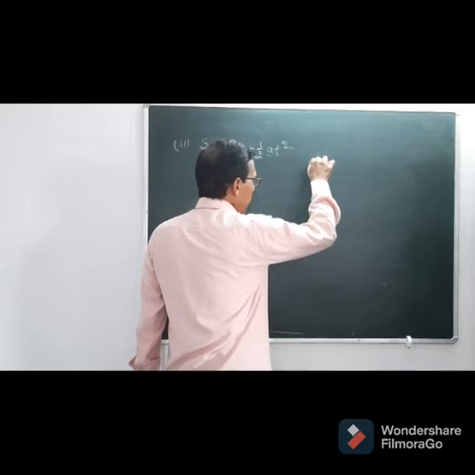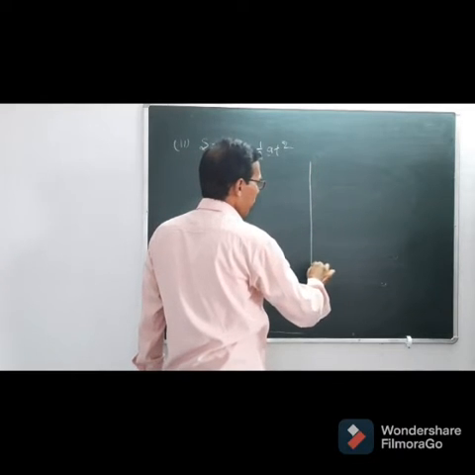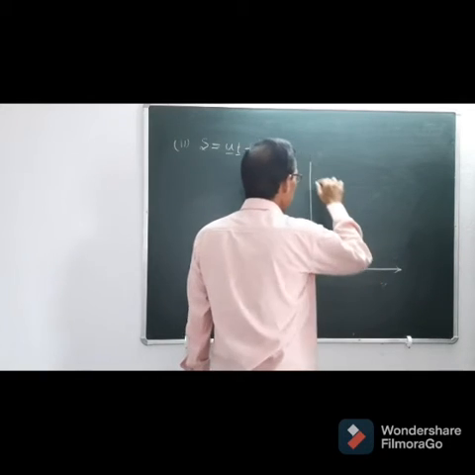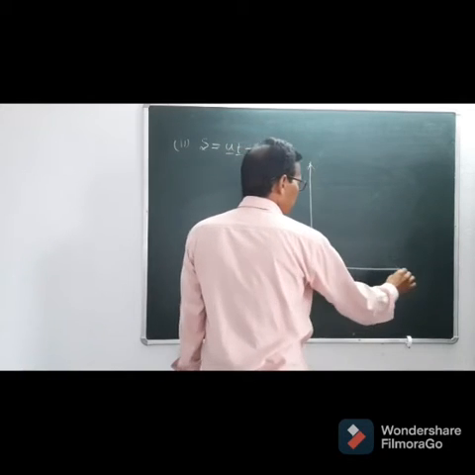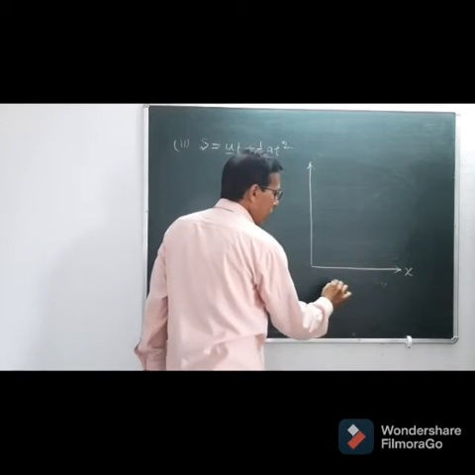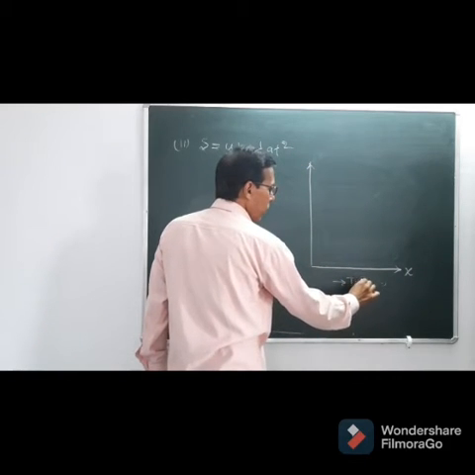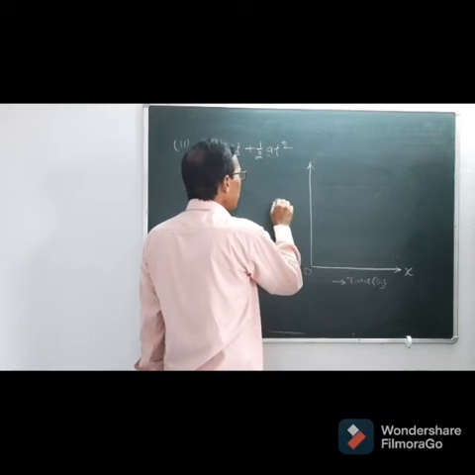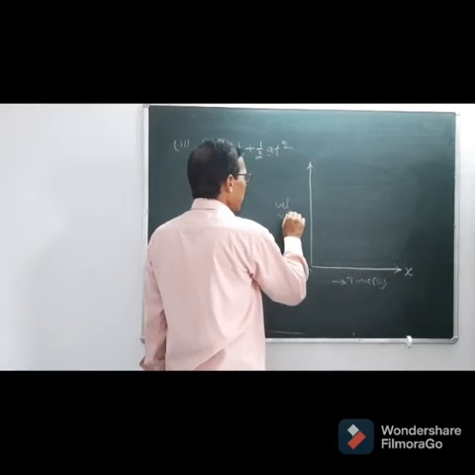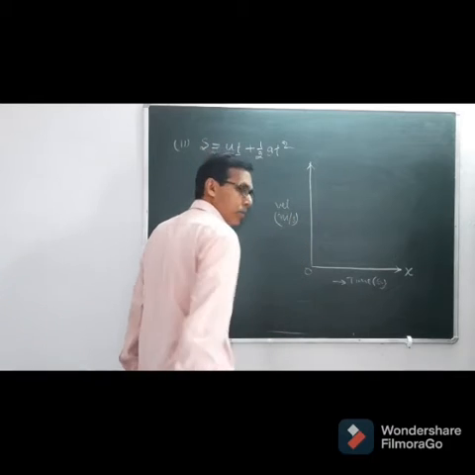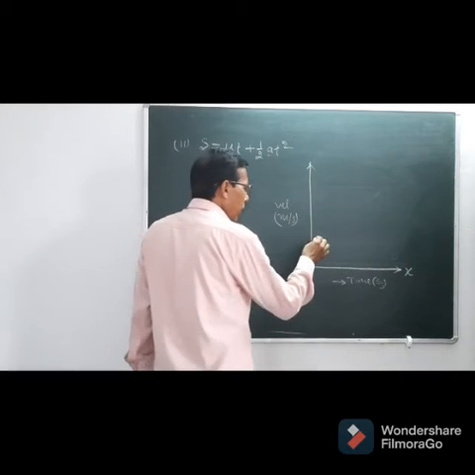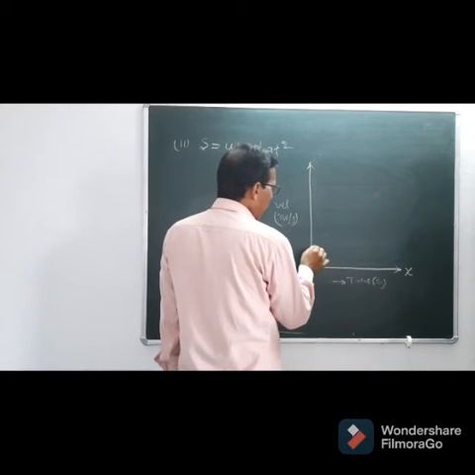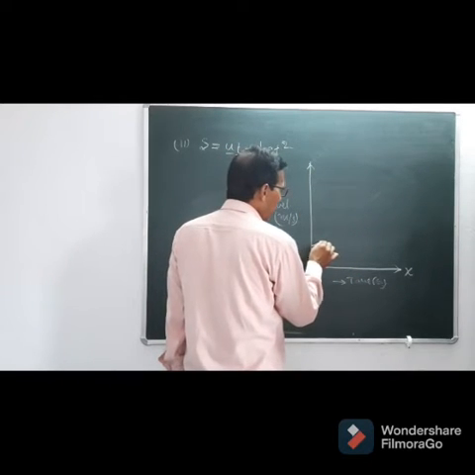For this we draw the graph between velocity and time. Time is taken along the x-axis and velocity is taken along the y-axis.